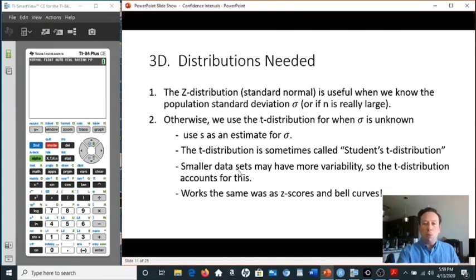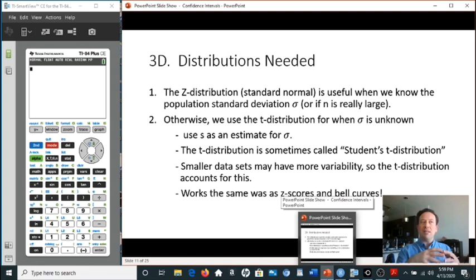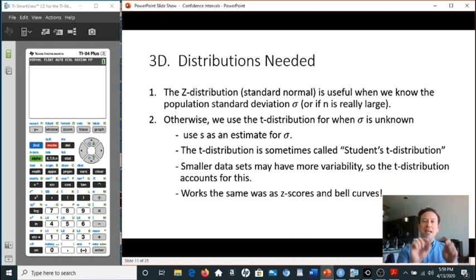So this point here is exactly what William Gossett discovered, that smaller data sets may have more variability, so the t-distribution will account for that. Also, the t-distribution is nearly the same as the z-distribution, but it's a little wider, because small data sets are a little more spread out.